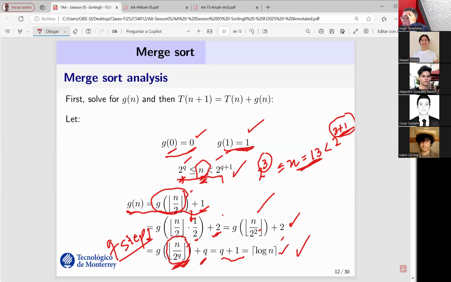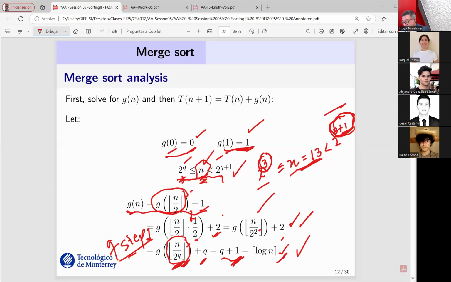You get the ceiling of log of 13, and you're going to get 4, which is Q plus 1, which is this number here. Make sense? So I'm linking several things here. The value of n, which is general. N is between these two powers, right? Q is this one, and Q plus 1 is this one. And when I solve by substitution, after Q steps, I'm going to get Q plus 1, which is log of n ceiling. Are we doing okay?